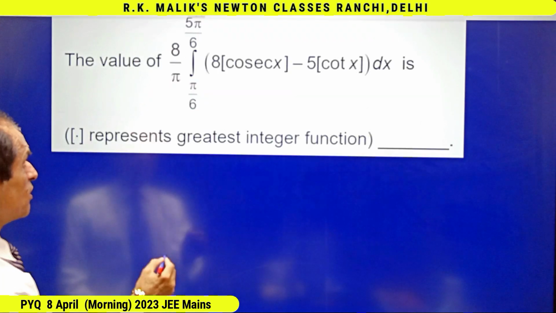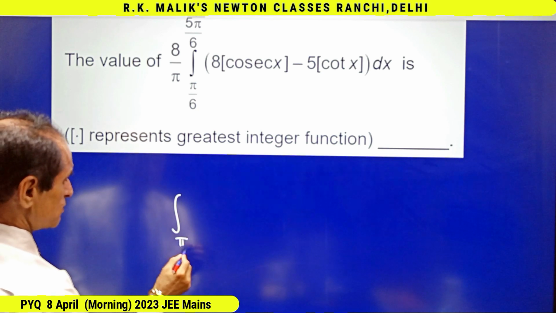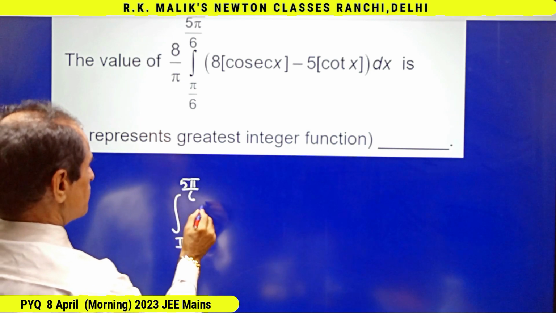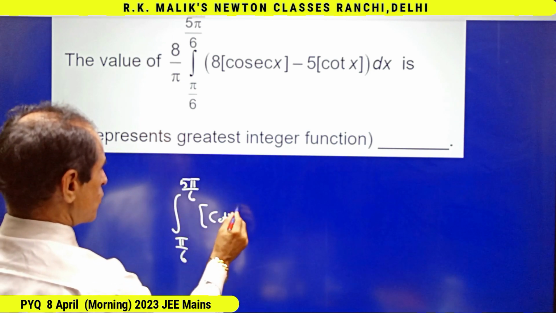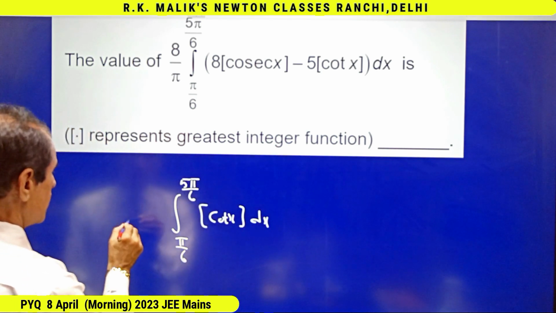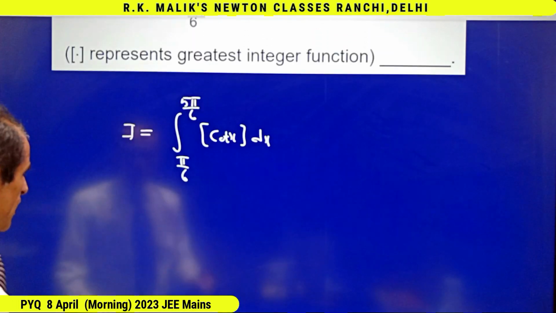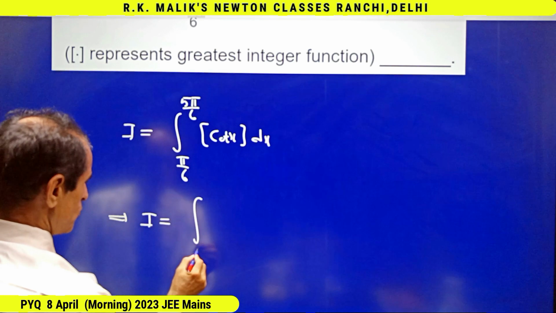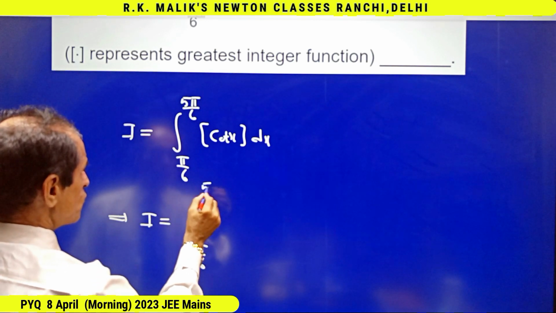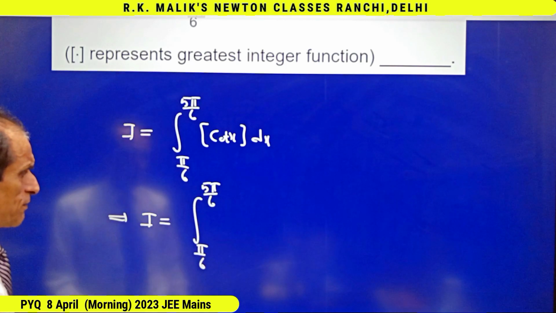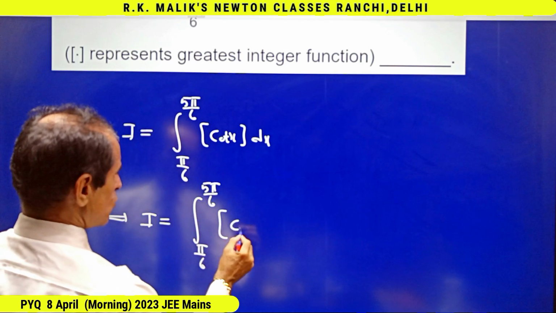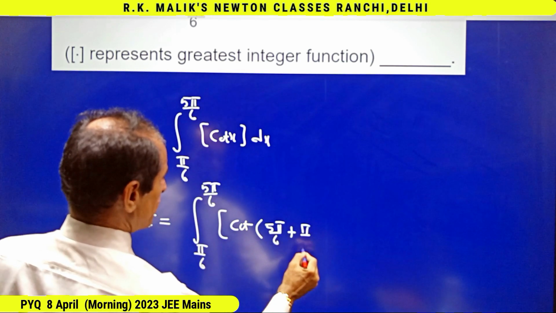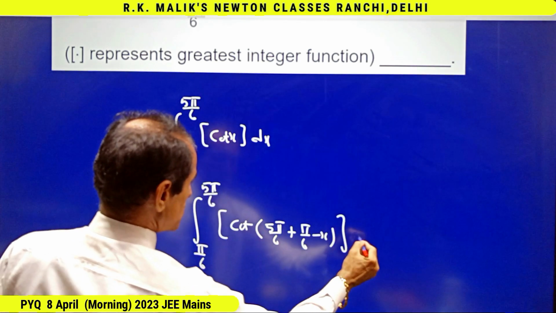For the second part, first I am calculating the value of the integral from pi by 6 to 5 pi by 6 of box cot x dx, and I am naming it as I. This implies that I is equal to the integral from pi by 6 to 5 pi by 6 of box cot of (5 pi by 6 plus pi by 6 minus x) dx.